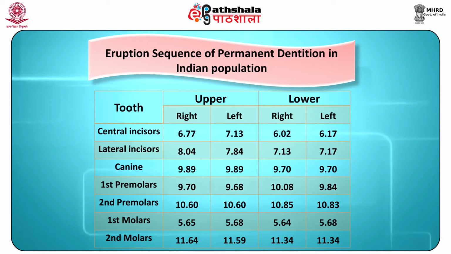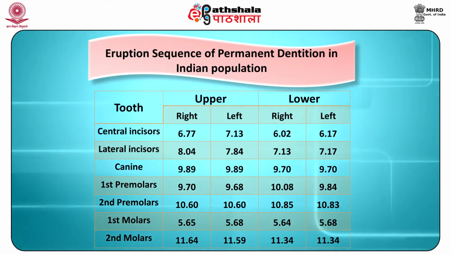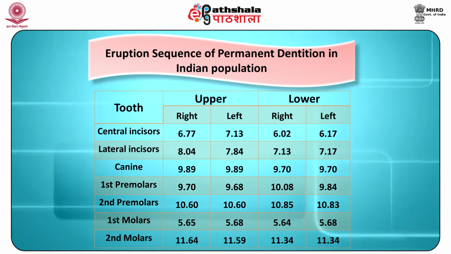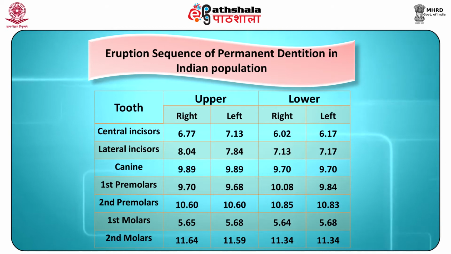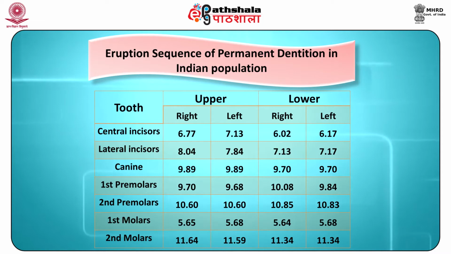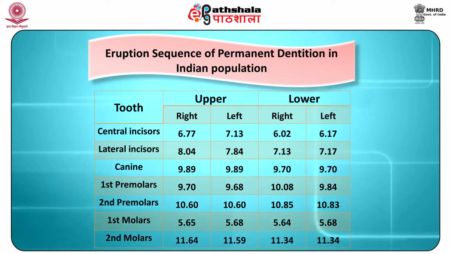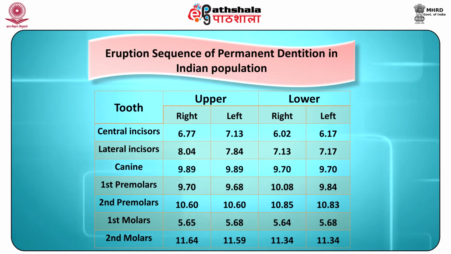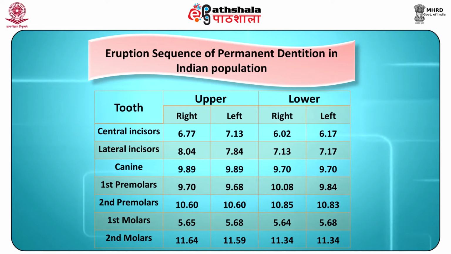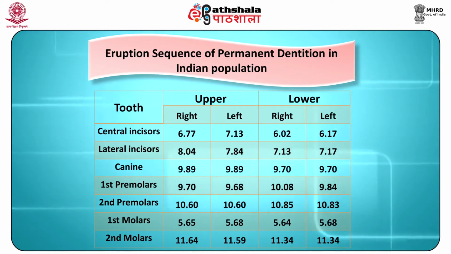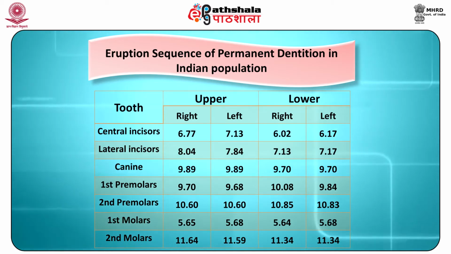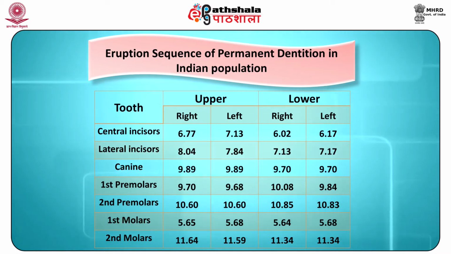If we see the eruption sequence of permanent dentition in the Indian population, just to summarize this particular aspect of eruption sequence, for the central incisors, it is the upper right central incisor which appears at the age of 6.77 years, whereas the left appears a little bit late, at 7.13 years, and the lower right appears at the age of 6.02, and the lower left appears at the age of 6.17.